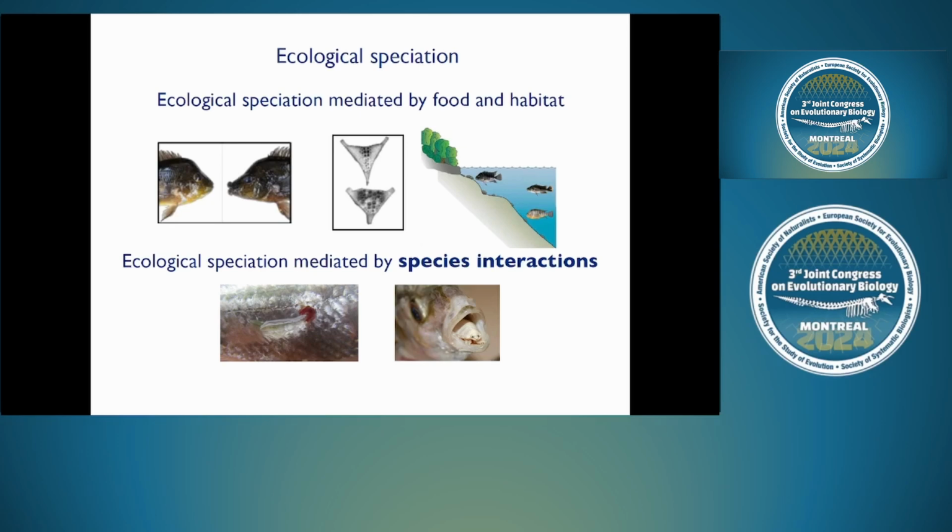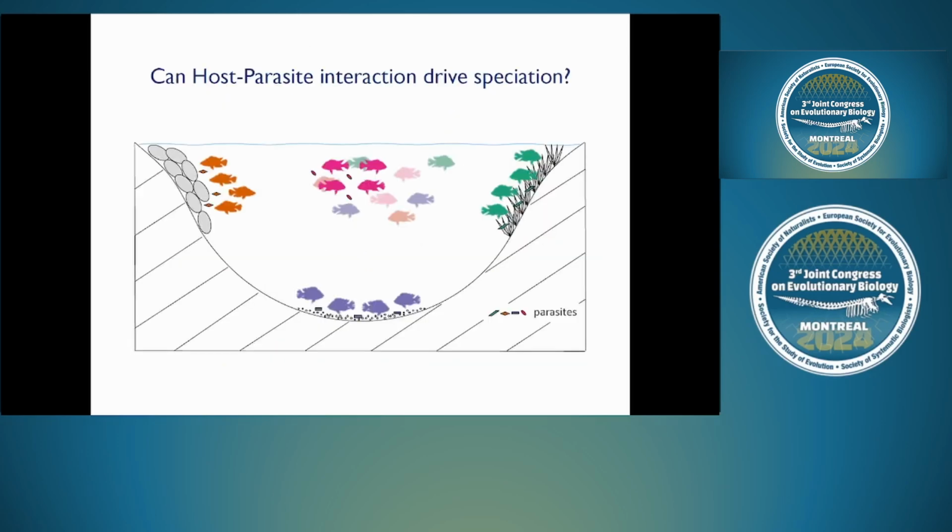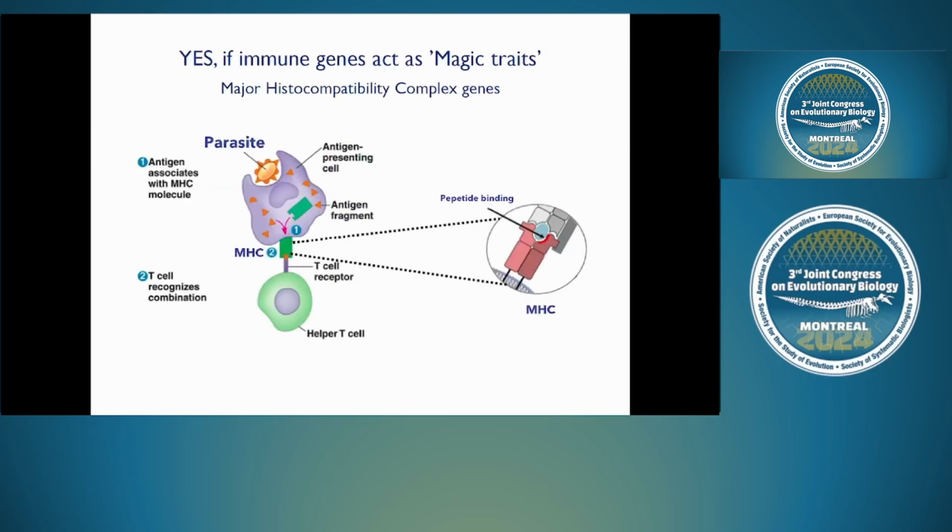And what we want to explore is how species interactions could also induce differentiation, speciation, or contribute to that. So the idea here is that if you live in different environments, you're exposed to different parasites, and this will induce changes in the immune system, and this eventually could be influencing mate choice and diversification and ultimately speciation.